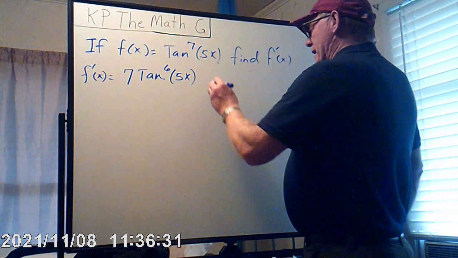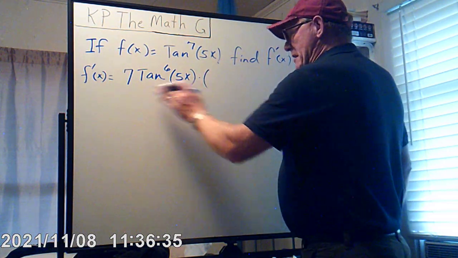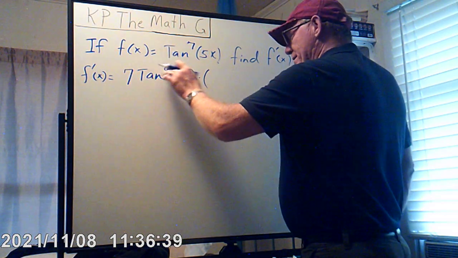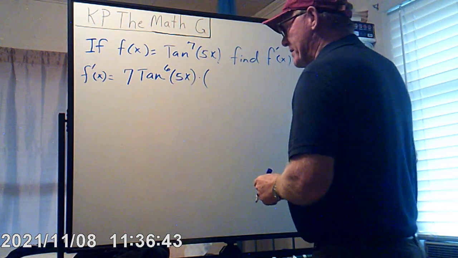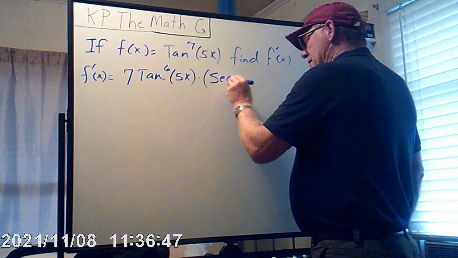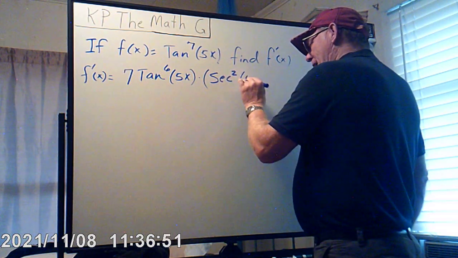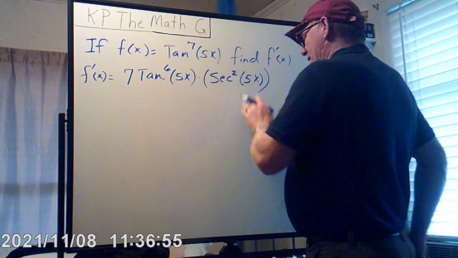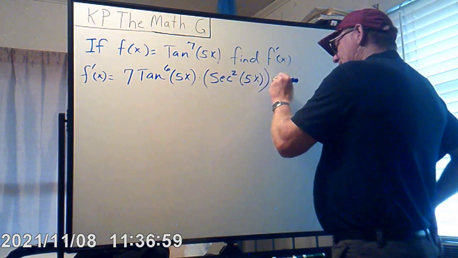Now we keep going. There are no plus signs here. We just keep going. Now the derivative of tangent. We're not doing tangent, it's just tangent. The derivative of tangent is secant squared. So secant squared of 5x, nothing changes there. And then the derivative of 5x, which is just 5.